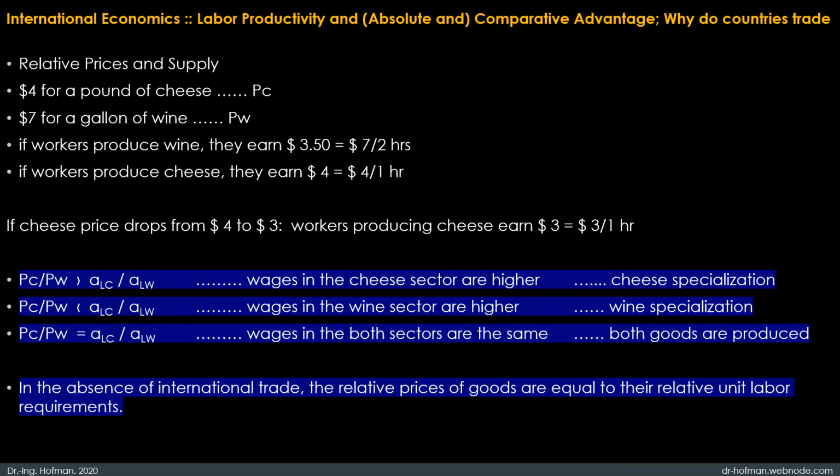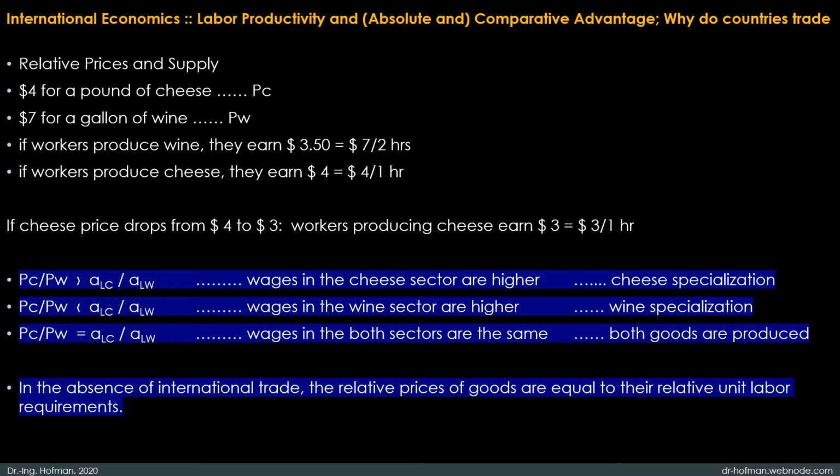Only when PC over PW is equal to aLC over aLW will both goods be produced. You see the significance of the number aLC over aLW. We saw in a previous part of our seminar that it is the opportunity cost of cheese in terms of wine.